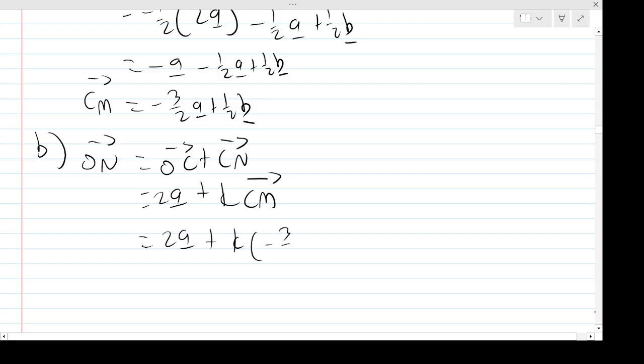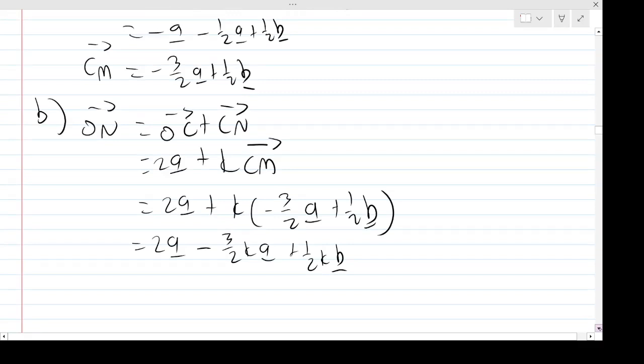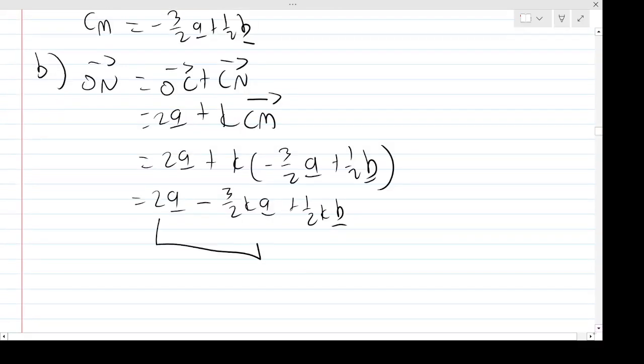If I expand it, it's 2 lots of A, minus 3 halves K lots of A, add a half K lots of B. Lastly, I can factorise the A part: 2 minus 3 halves K, lots of A, add a half K lots of B.